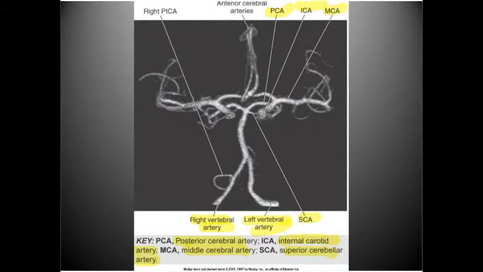So here is the right and the left vertebral arteries coming in, and this would be the carotids here. This will be your middle cerebral artery. This will be your anterior cerebral artery.